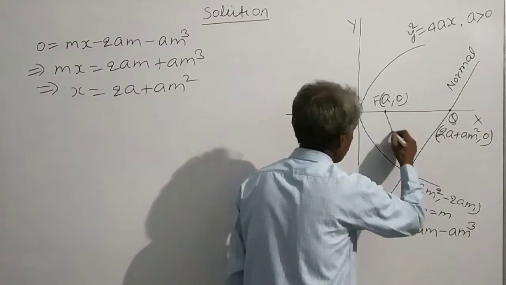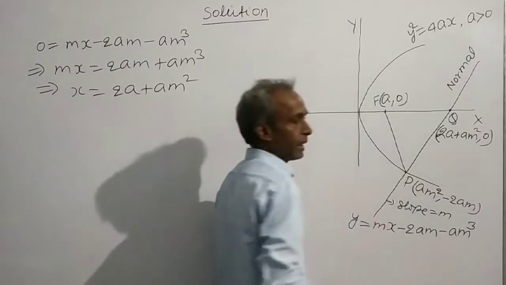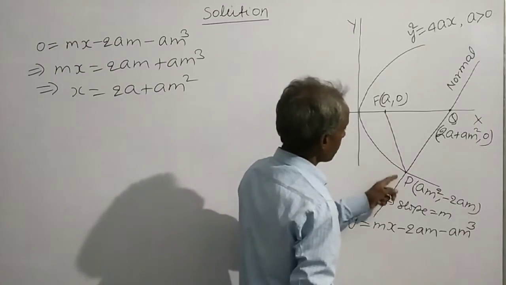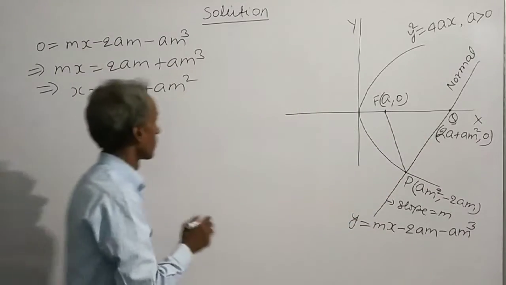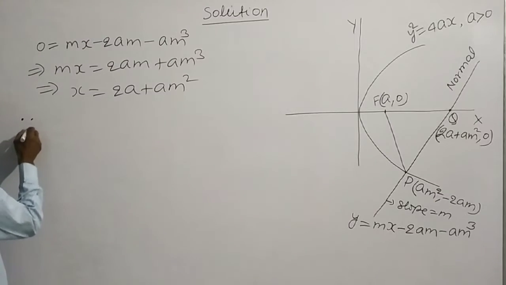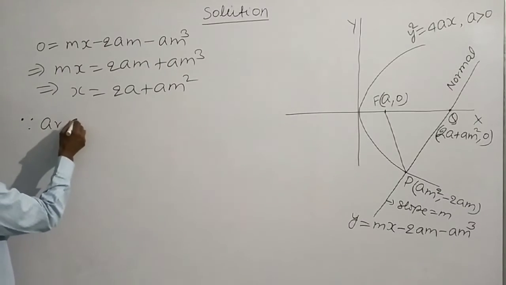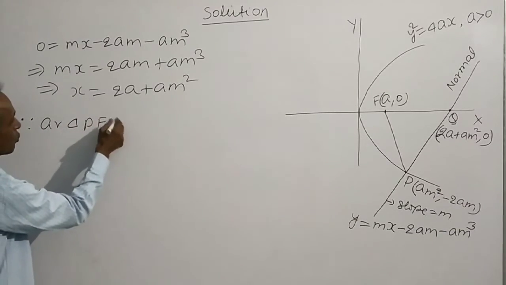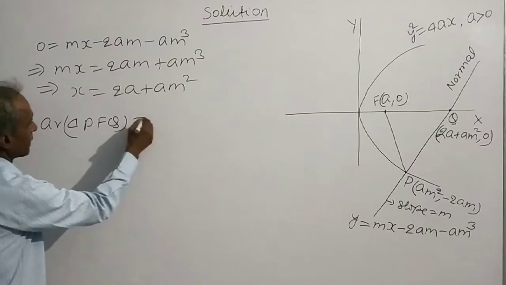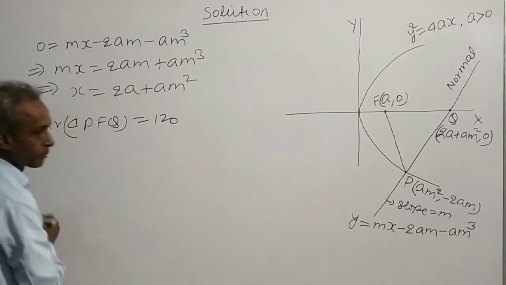Now it is given in the question that the area of triangle PFQ is 120.